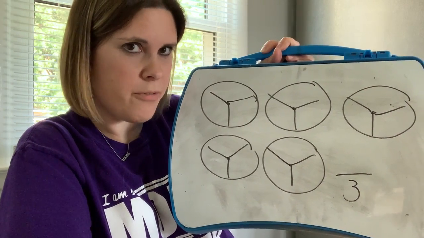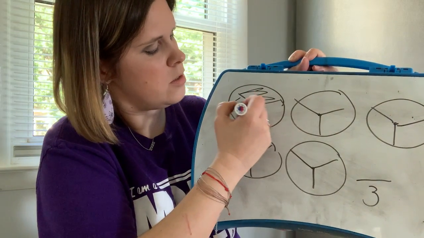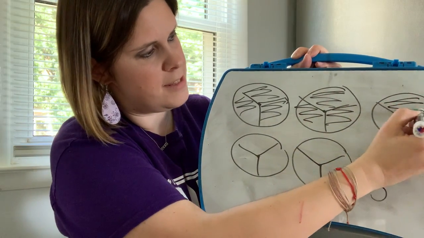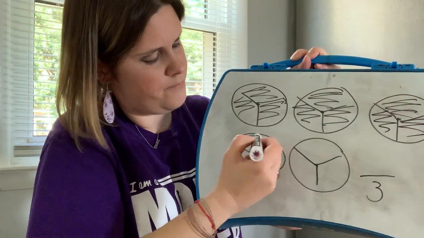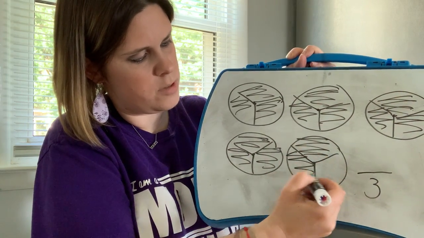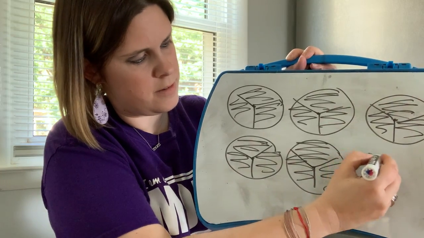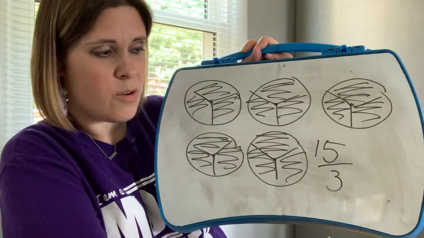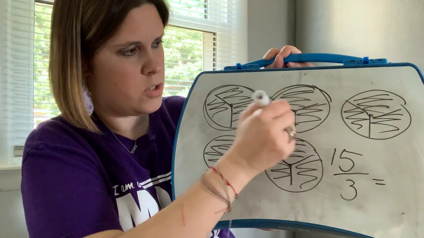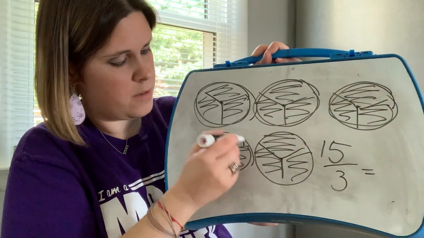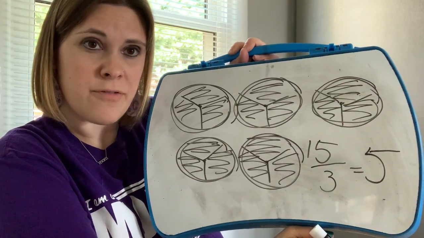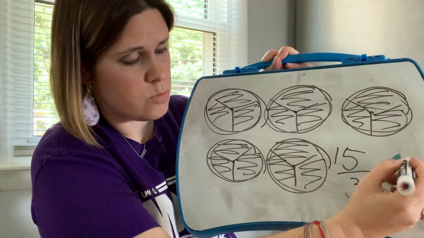What would my improper fraction be? 1, 2, 3, 4, 5, 6, 7, 8, 9, 10, 11, 12, 13, 14, 15. 15 thirds, which is exactly the same as what whole number? 1, 2, 3, 4, 5, which is exactly the same as 5 wholes.